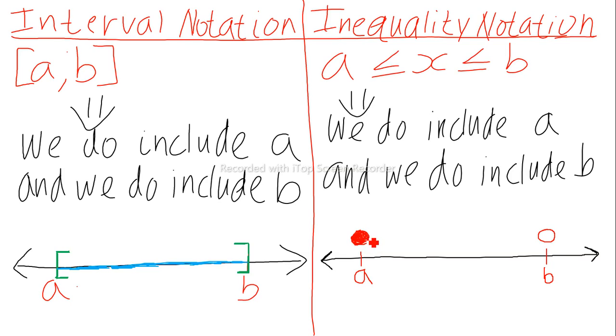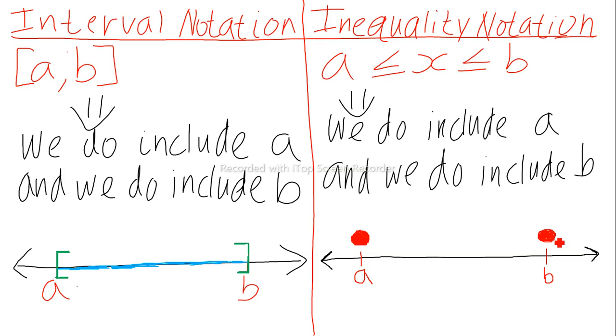The shading in tells us that we include that number, and the next shaded part means that we also include this number as well. So we include our endpoints: all the numbers in between A and B, but also A and B are included.